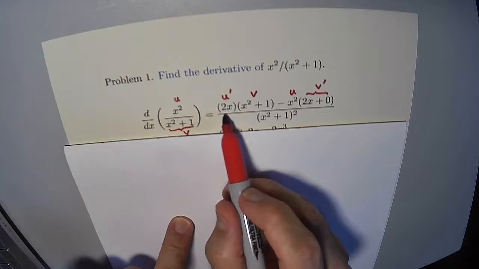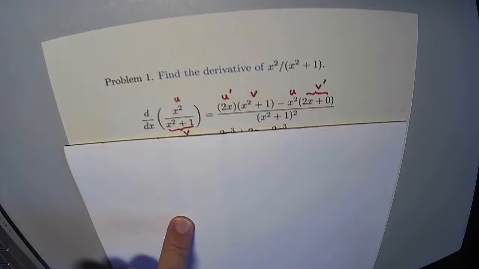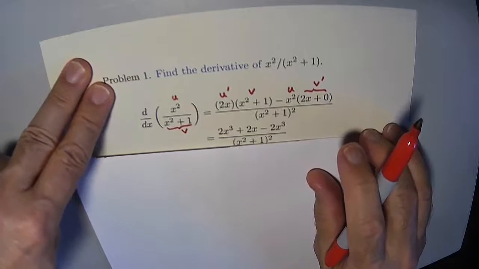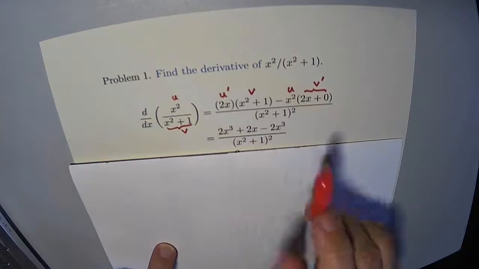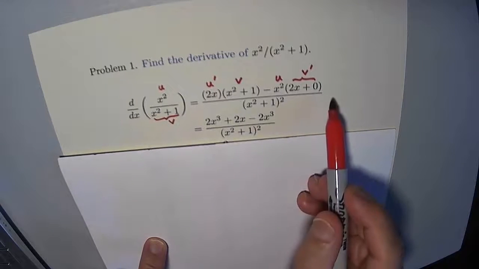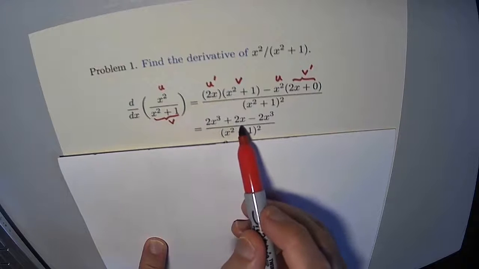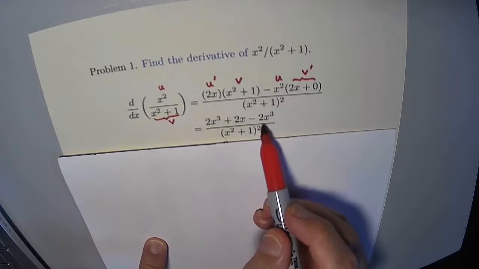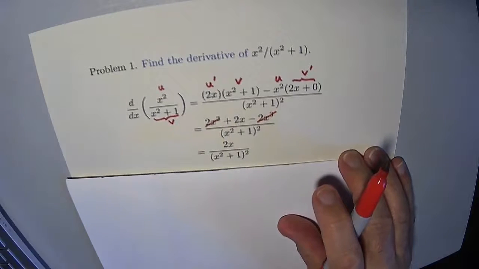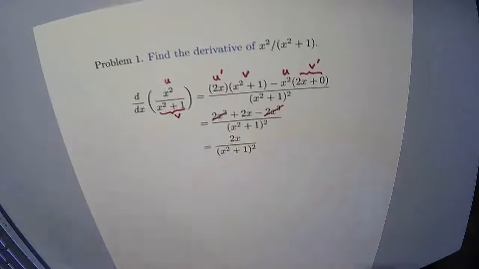Derivative of x squared is 2x. Derivative of x squared plus 1 is 2x plus 0, which is again just 2x. And then all of that gets divided by v squared, which is x squared plus 1 quantity squared. If we multiply through, we get 2x cubed plus 2x minus 2x cubed. Notice that I get a cancellation to get the final answer 2x over x squared plus 1 quantity squared.